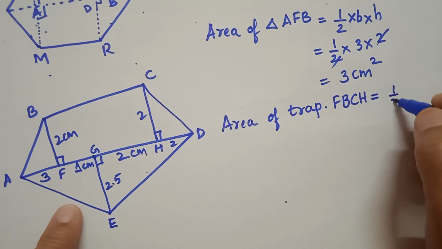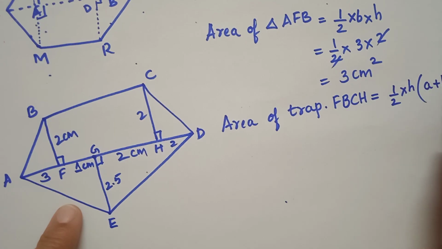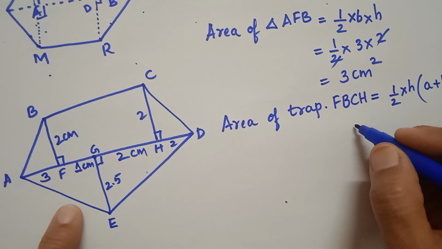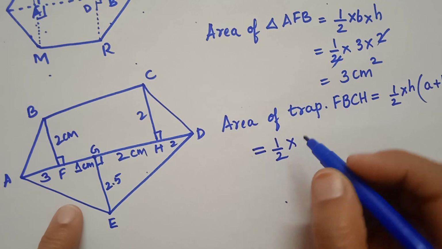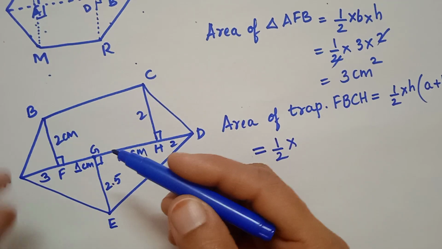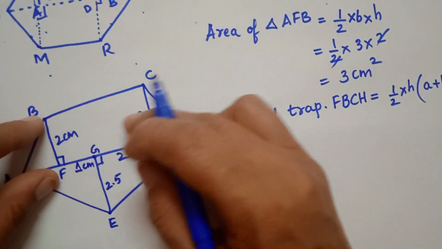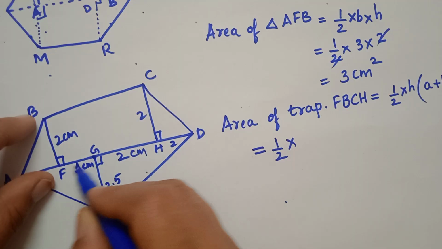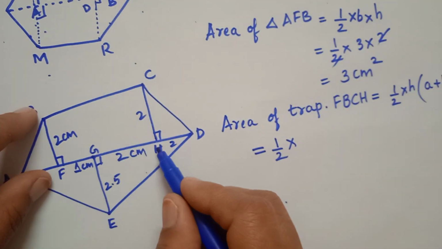Half into height into A plus B, where A and B are the two parallel sides and H is the height. So what is that? Half into, what is the height of this trapezium now? BF and CH are the two parallel sides. What is the height in between these two? So the distance between these two parallel sides is FH. So this FH becomes the height.